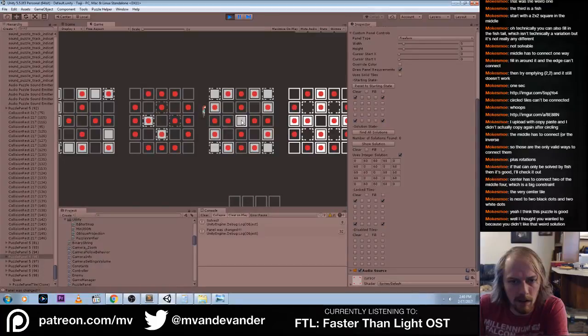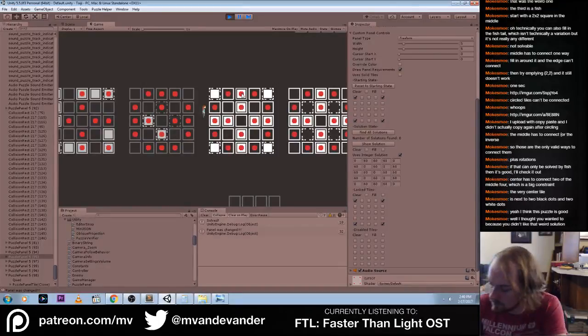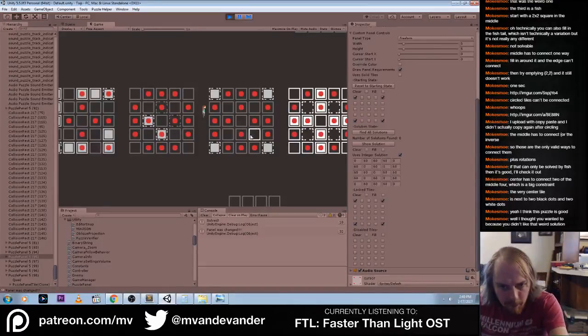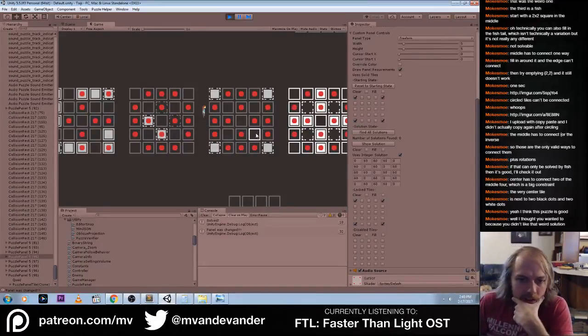I guess I can solve it that way or the other way, which are both basically inverses. That's fine. I don't think that's solvable any other way.